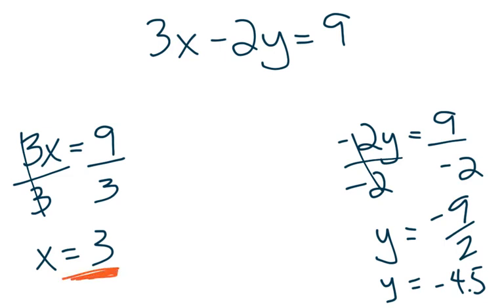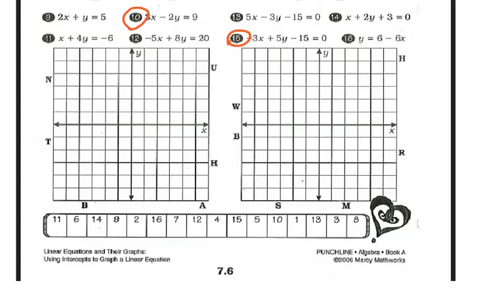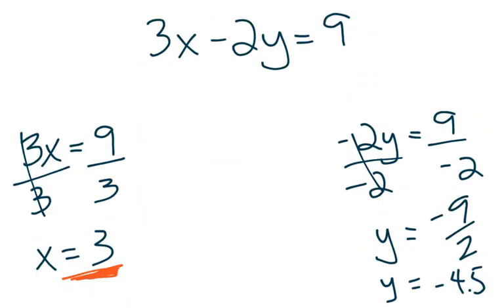Alright, so we have x equals 3. So we're going to go back here, and x equals 3 is 1, 2, 3. There's your dot. That's a little bit off, and I'm having a hard time keeping this neat. But you'll do a better job when you have paper and pencil. And then the other intercept is y equals -4.5.